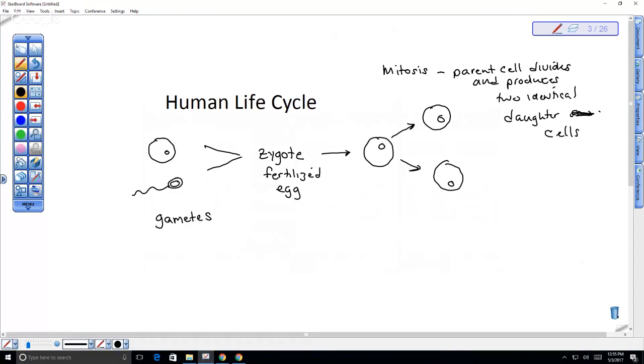So this would be like during tissue repair, when your cells are trying to regenerate normal healthy tissue. This is what is happening as well. We then have two cells, and the life cycle continues until we get a multicellular embryo. This would be my multicellular embryo right here.